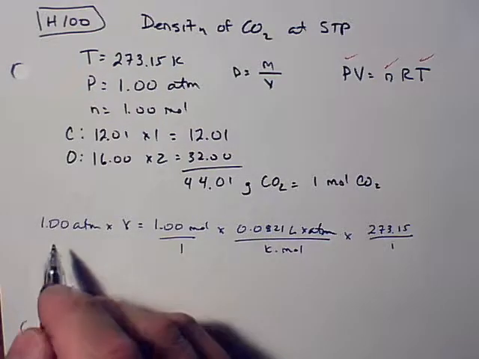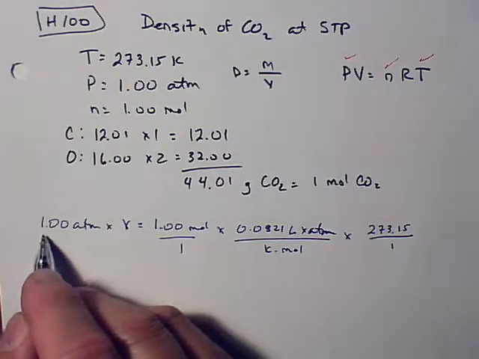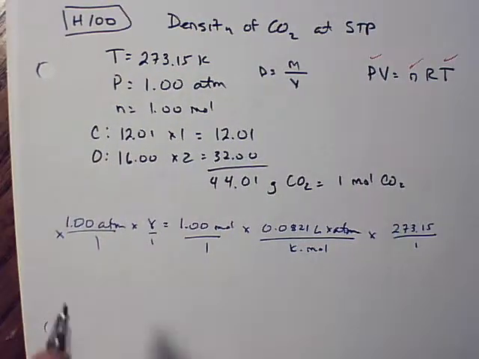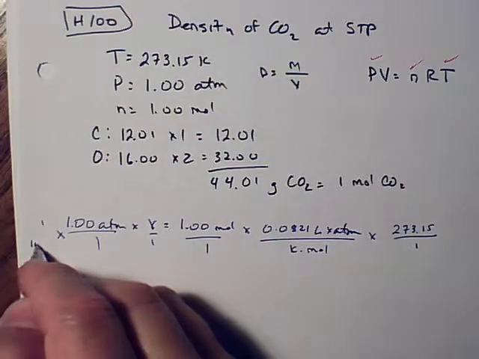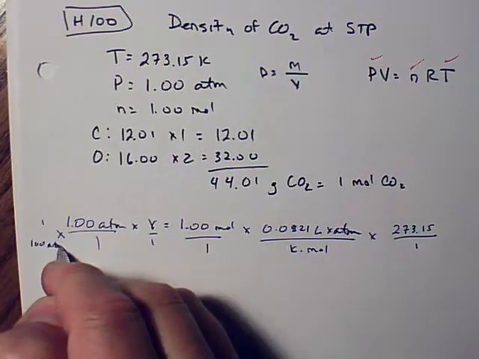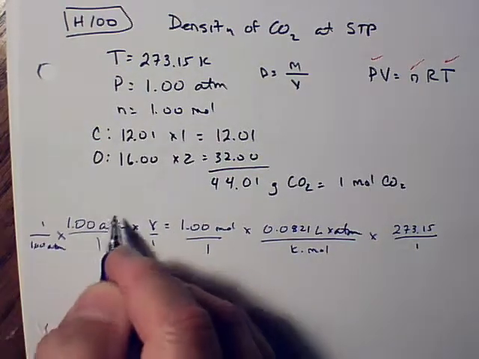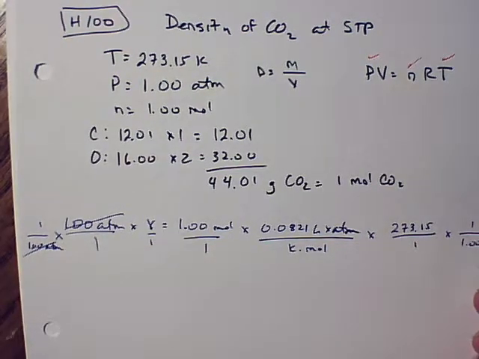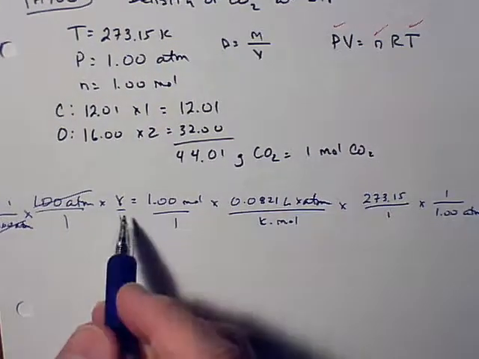So we're trying to find volume. I can just take this and put it over 1, and multiply by the reciprocal, 1 over 1 atmosphere. That all cancels over here, but I do the same thing to this side. You understand what I'm doing? I'm isolating the unknown.